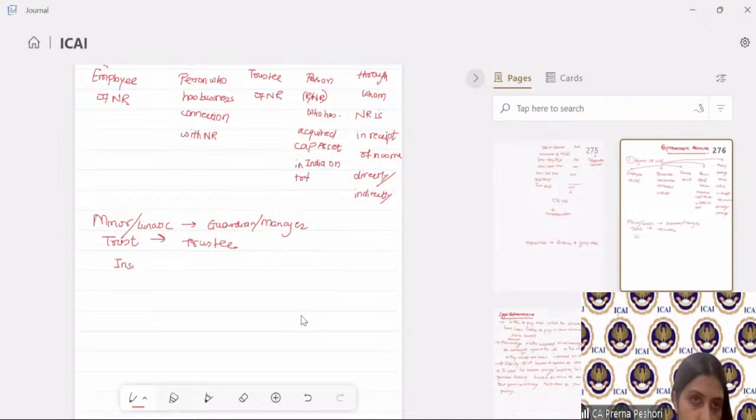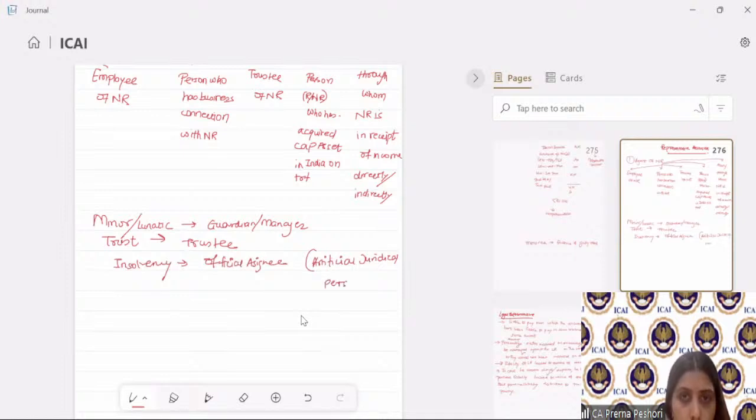In case of insolvency, the representative assessee is the official assignee. And remember one thing, CBDT has said that these official assignees will be treated as artificial juridical person. They will be assessed as artificial juridical person. This is a CBDT circular.